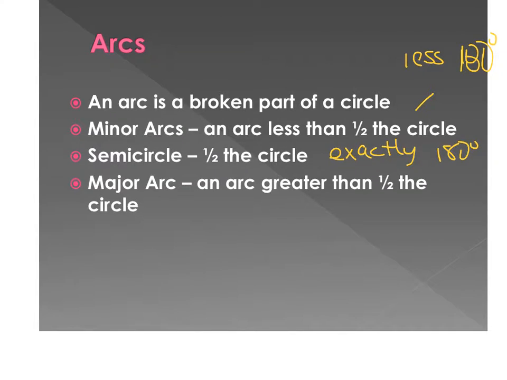When you have a major arc, the arc will be greater than half of the circle, so it's going to be greater than 180 degrees. So minor arc less than 180, major arc greater, and semicircle arc will be exactly 180 degrees. It's a semicircle, half of the circle.